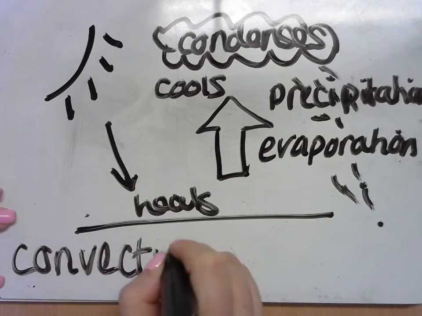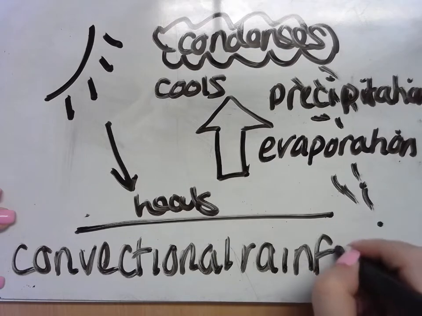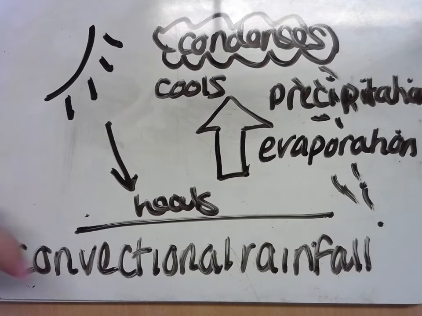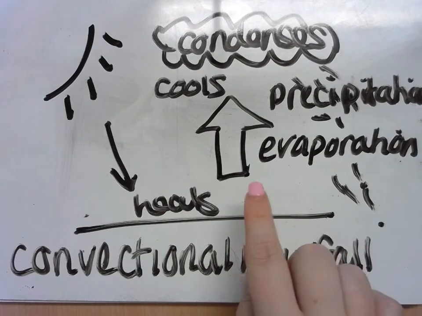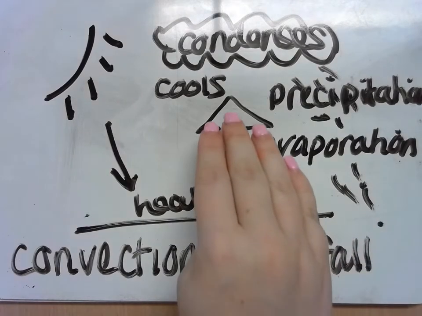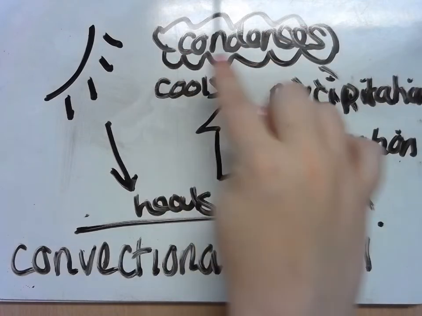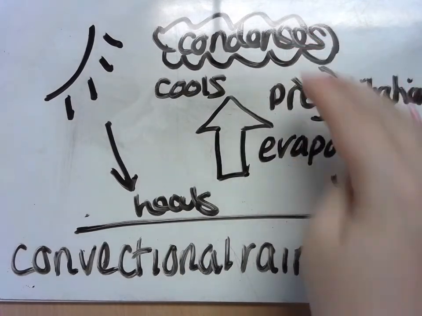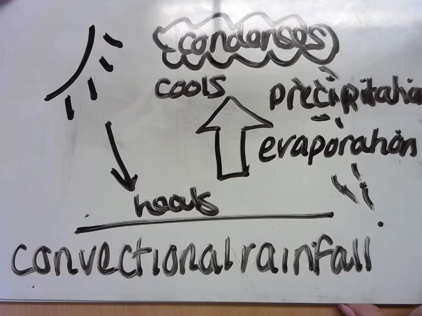Convectional rainfall is the sun heating up the ground, which heats the air above it, and then it rises. And as it rises, it increases the rate of evaporation. We know as it gets higher up, it cools down, so condenses to form clouds, which eventually rain through precipitation. Okay, convectional rainfall.